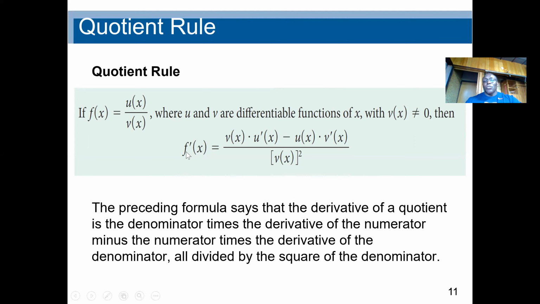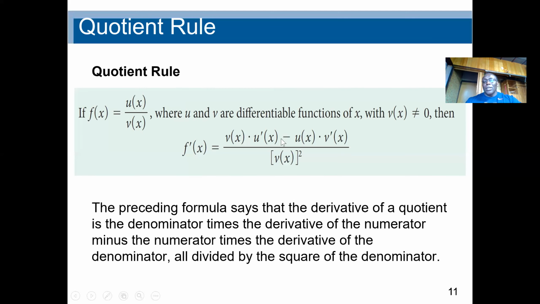But here, we have to pay very serious attention because we have a negative. 2 minus 3 is not the same as 3 minus 2. So always, again, always we find the derivative of u first. So the derivative of u of x times v minus the derivative of v times u of x.